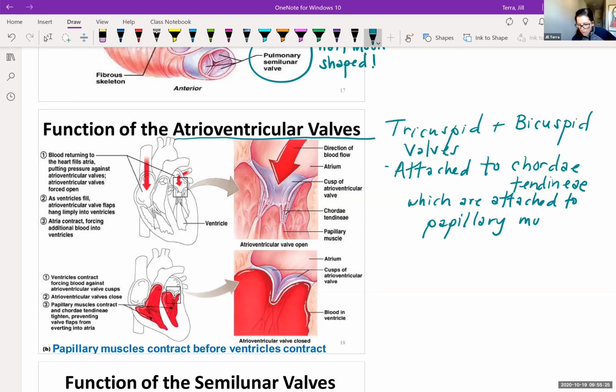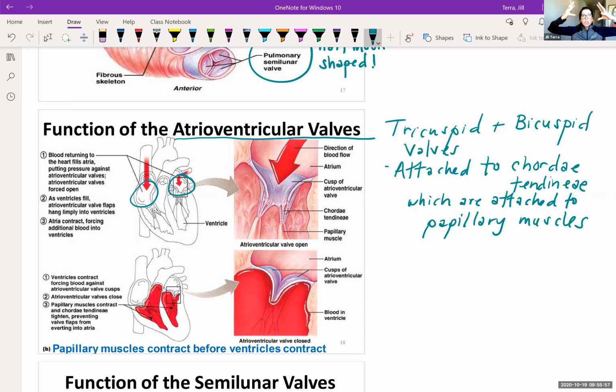So the atria are going to fill up first. When the atria fill up, a lot of that is from some very minor blood pressure, but blood is pooling into the atria. And because the papillary muscles are relaxed, those valve pieces are just kind of free, not taut, able to move.